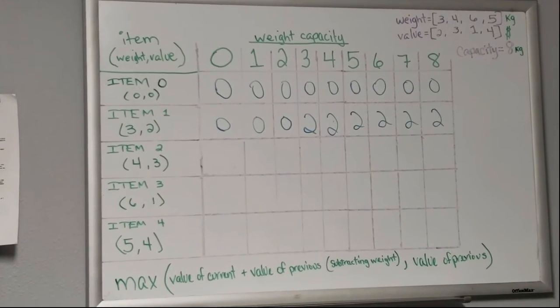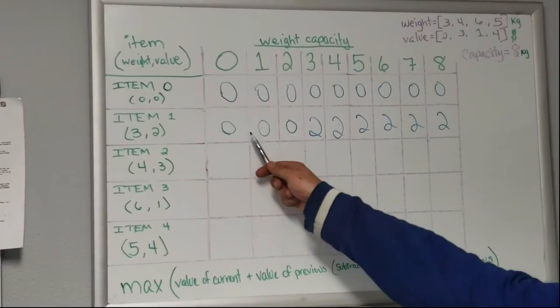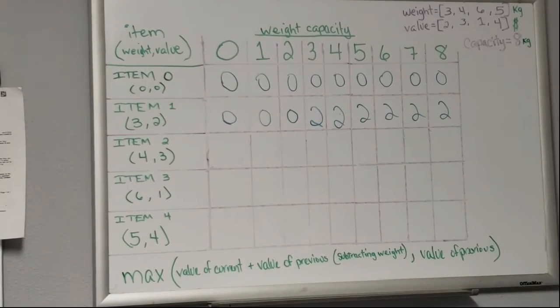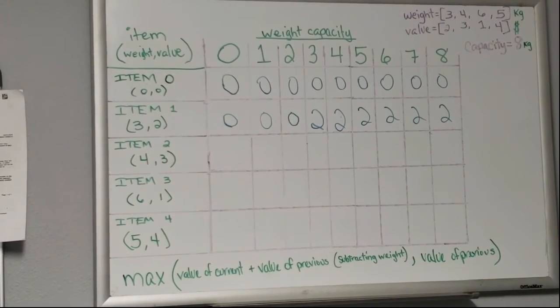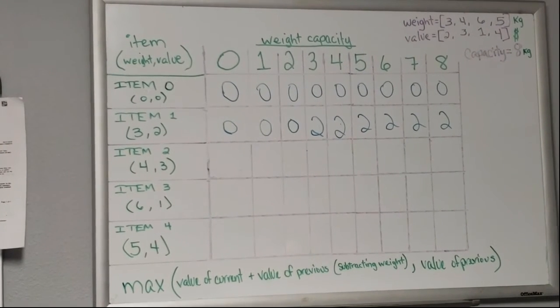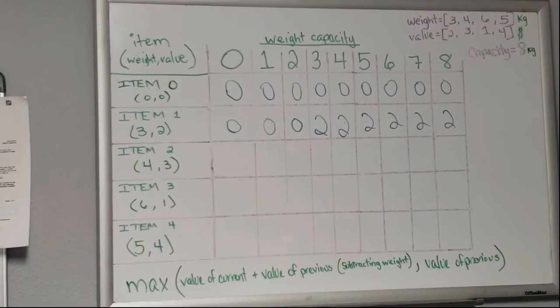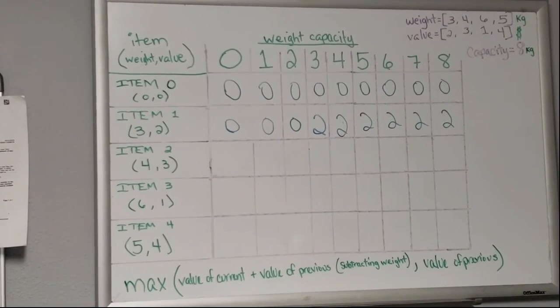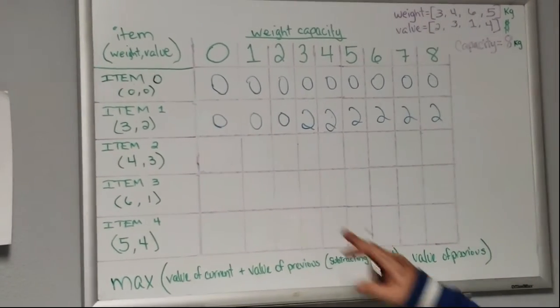So after the first row, we've answered 8 subproblems. Now in the next row, we will use these 8 solutions to further our progression to the global optimal solution.